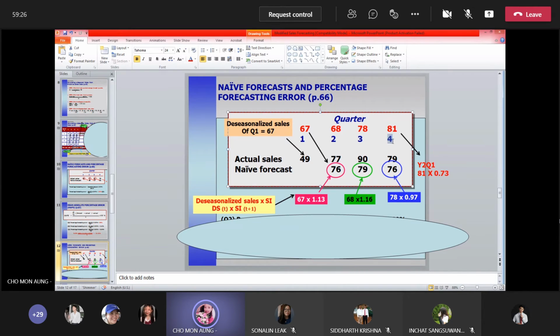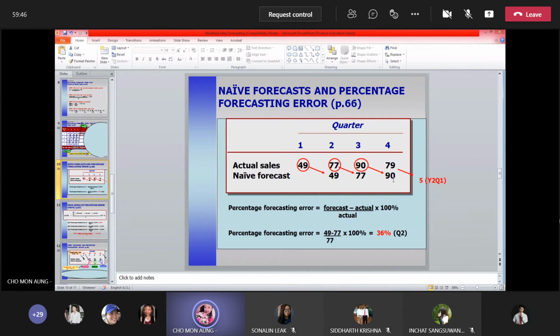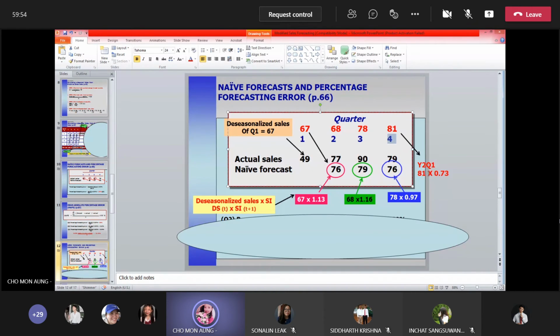Quarter four with deseasonalized sales 81, that is from step number 4. But in step number 4, for quarter 4, we are using the seasonal index of quarter 4, and we get the seasonally adjusted sales for quarter 4. Now we are going to year 2, quarter 1, right?